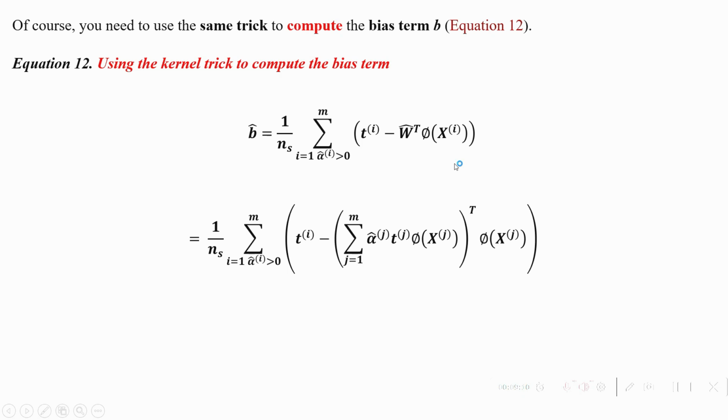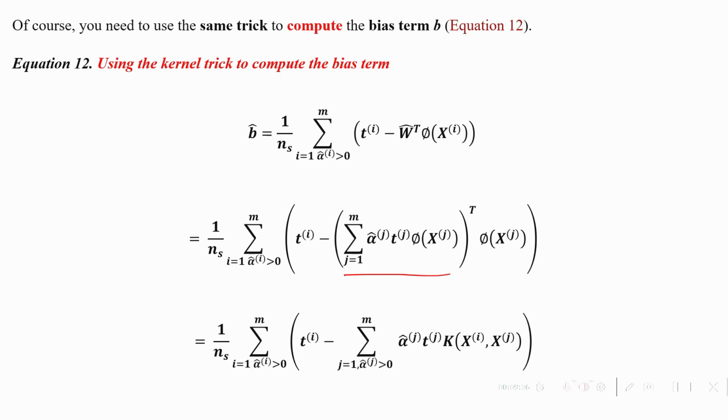That is equal to 1 over n_s, the sum over i equal to 1 to m, where alpha cap of i is greater than 0, of t of i minus, if you replace the W transpose here, the sum over j equal to 1 to m of alpha cap of j t^(j) phi of x^(j) transpose phi of x^(i).